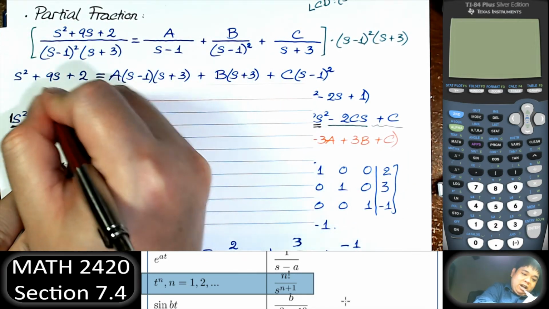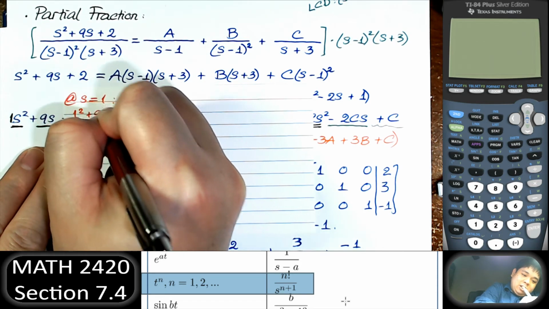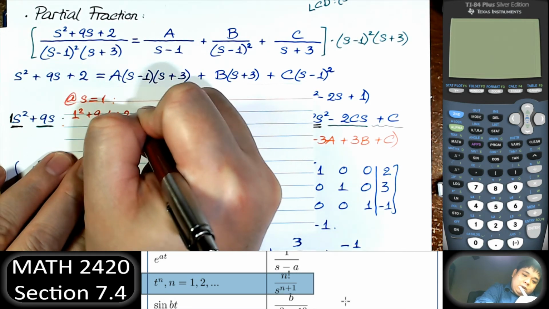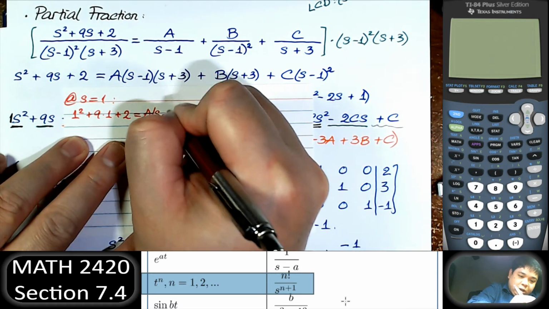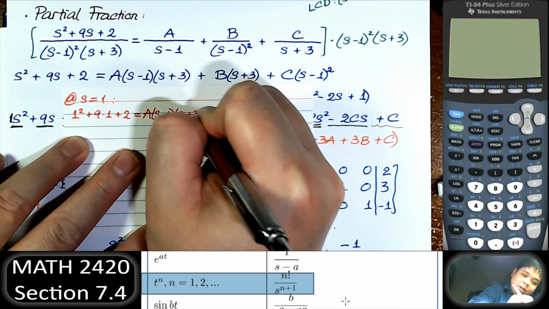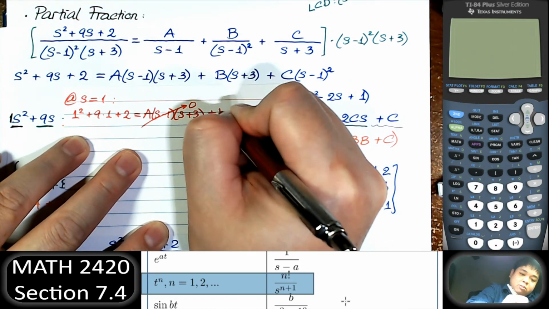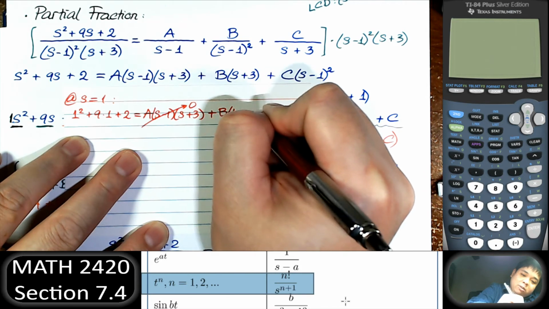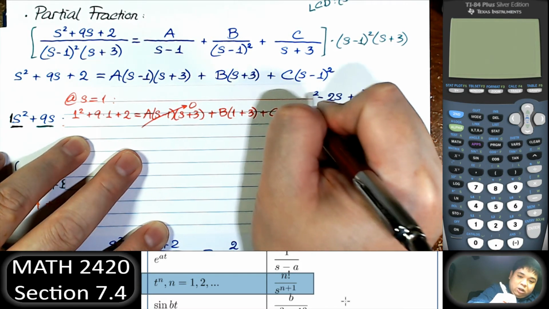With s equal to 1, on the left hand side I'm just going to substitute in 1 squared plus 9 times 1 plus 2, equal to A(s minus 1)(s plus 3), which, because s minus 1 goes to 0, vanishes, plus B(s is 1, plus 3) plus C(1 minus 1) squared.